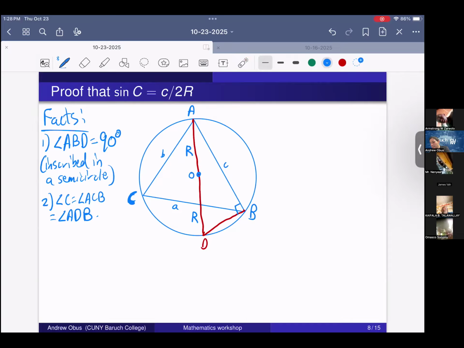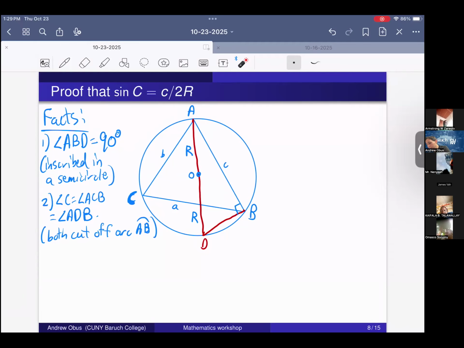And that's because both cut off arc AB. You have this arc AB over here. No matter what point you go, it's a theorem about circles that the angles are going to be the same. So ACB and ADB are going to be the same angle.